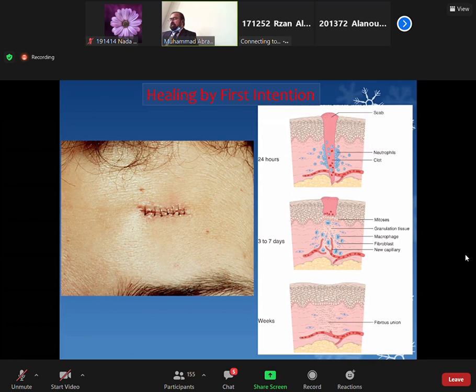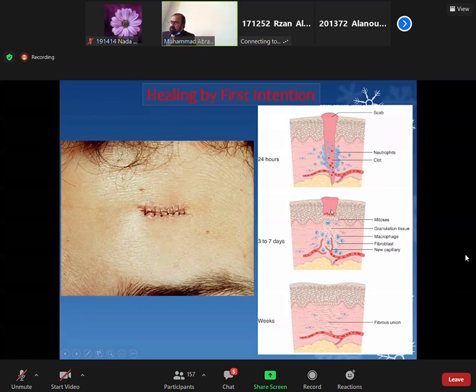Now the epithelium from both sides starts proliferating within 24 hours. Although it has not crossed yet, it has started its movement. Now in 3 to 7 days, if you see here, the basal layer has almost crossed to the other side, right?